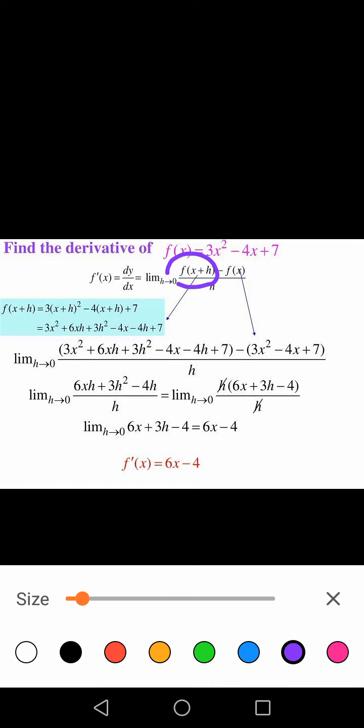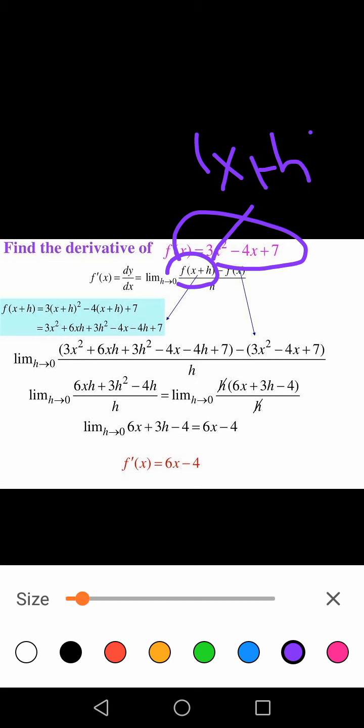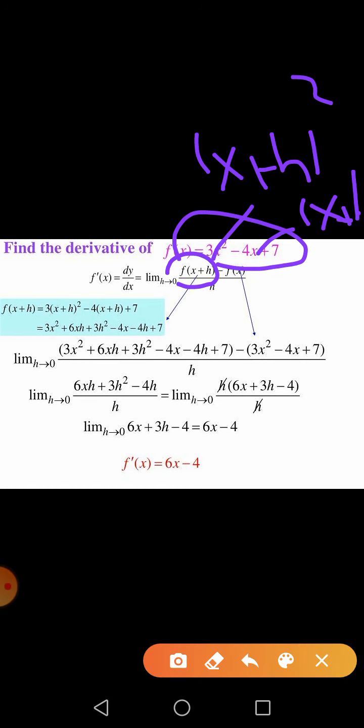For f(x plus h), you will write the original function here, but substitute x with x plus h all squared, and so on. Here, instead of x, it will be x plus h. You get the concept here? Okay, then minus f(x), you will write the original function, just over h.